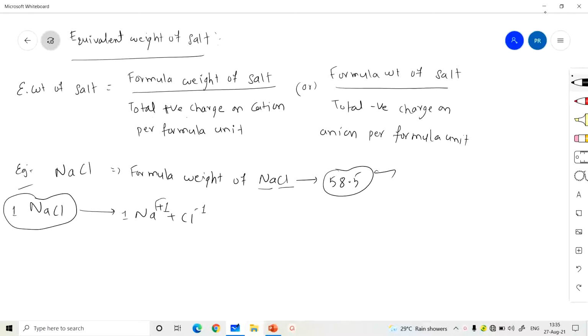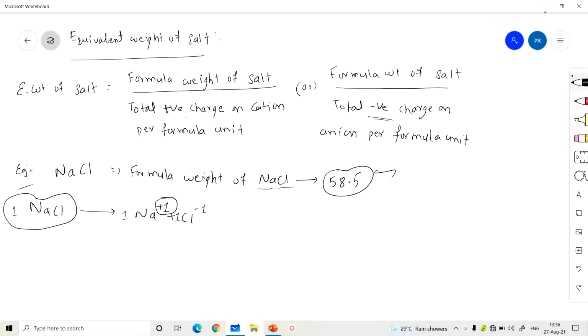One sodium chloride having 1 Na+, means this is having 1 into +1, 1. Here 1 Cl-, 1 into 1 minus 1. So whatever total positive charge on the cation, how many positive charge? That is 1. Is it clear?